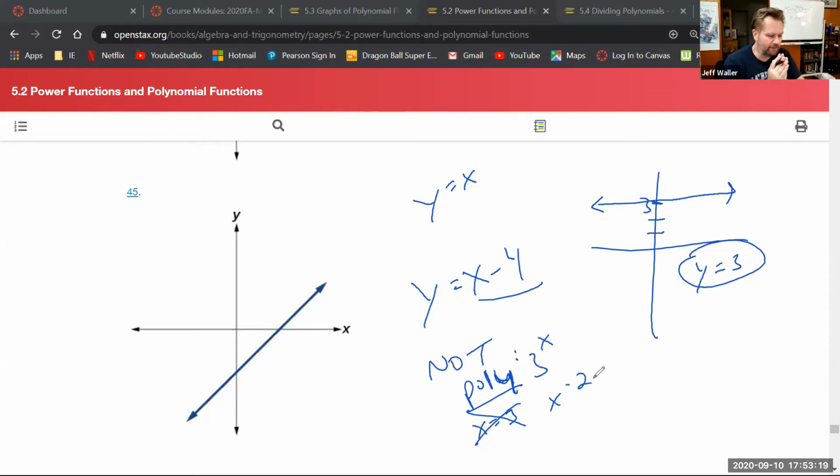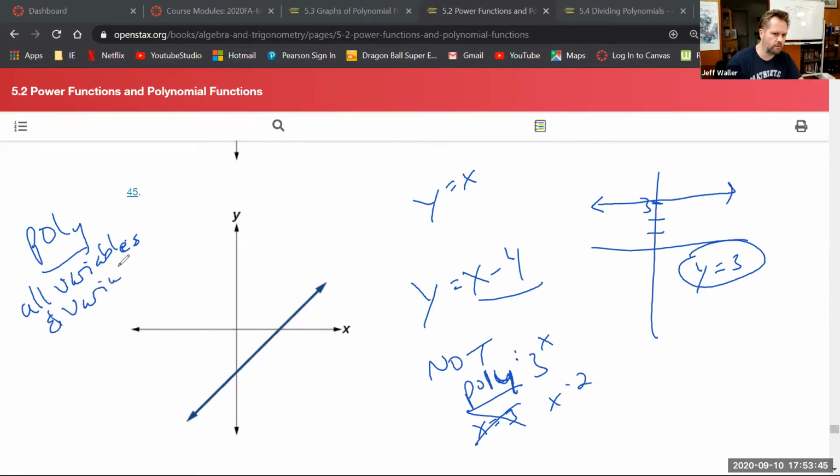It is an expression made up of terms where all the variables are to whole number powers. So all variables and variable expressions must have whole number powers.